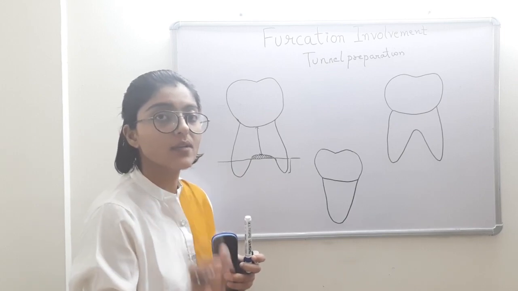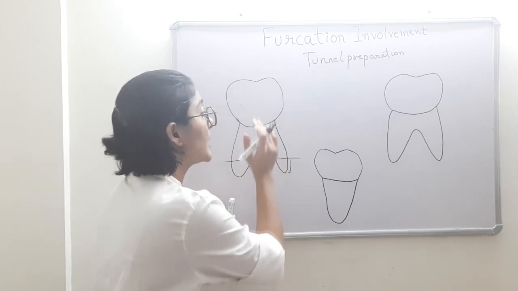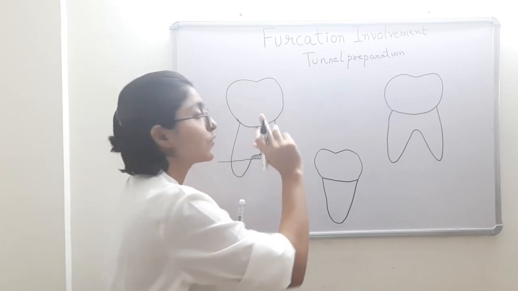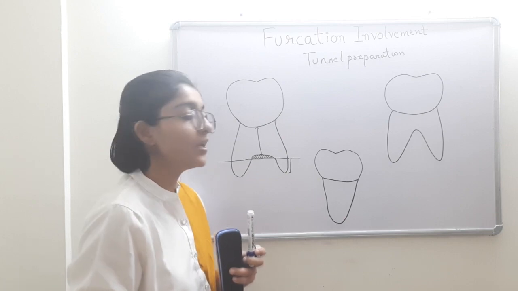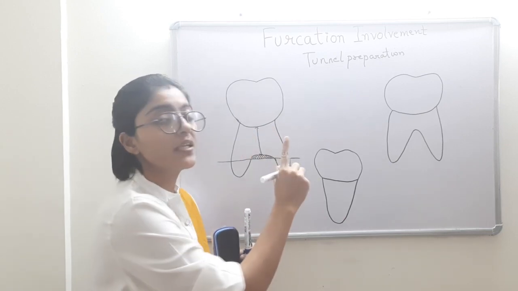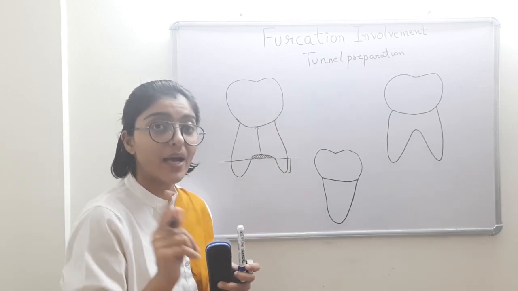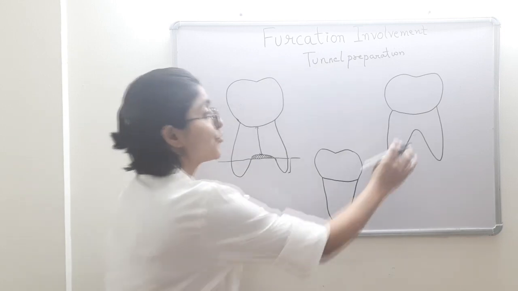So the long term consequences of treating a mandibular tooth with a long root trunk by tunnel preparation is highly impractical, and that is why the main indication of tunnel preparation is mandibular molar with a short root trunk.